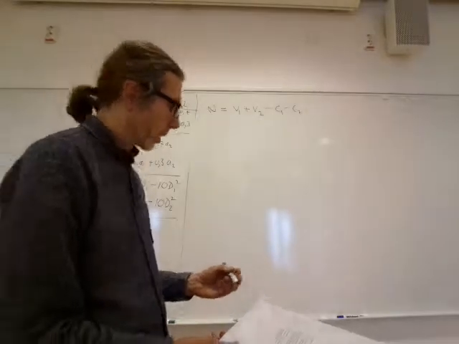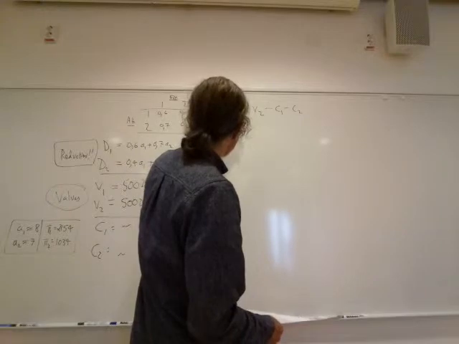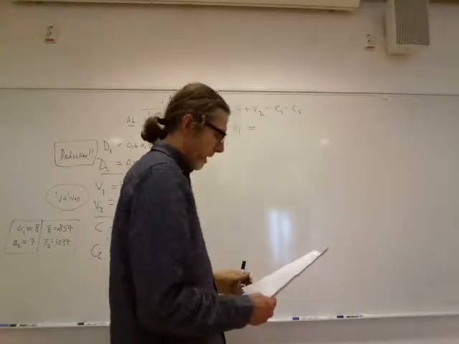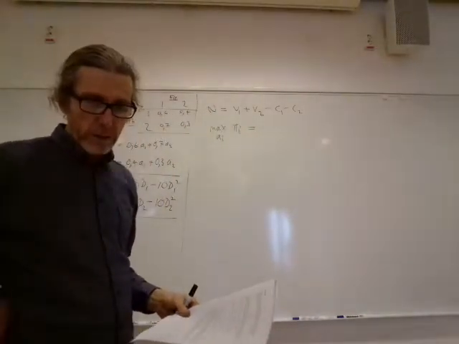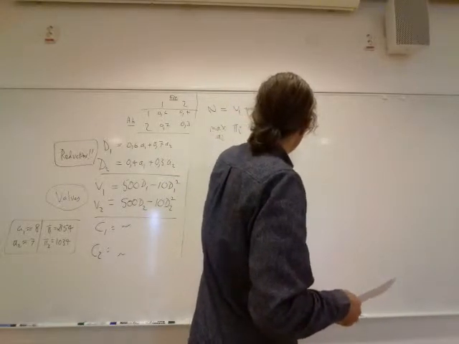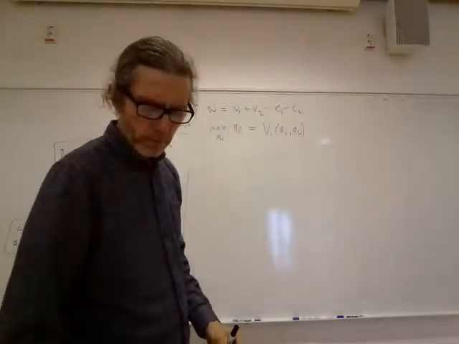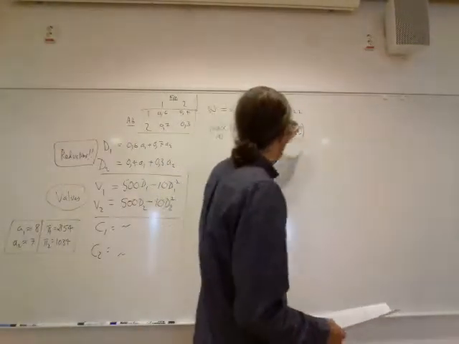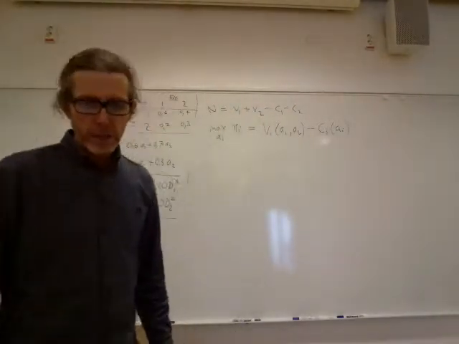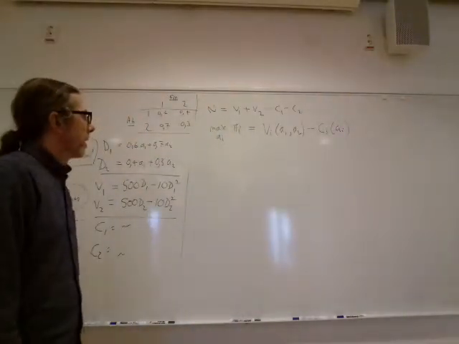So for country i, we want to find the Ai which maximizes that country's net benefits, Vi of A1 and A2 minus Ci of Ai. Okay.